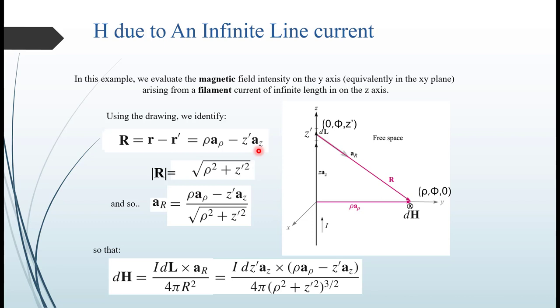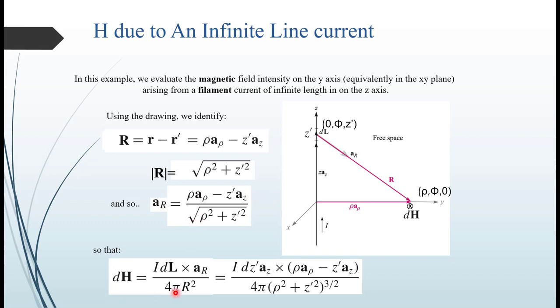So it becomes rho a rho cap minus z dash a z cap, and the magnitude of r is square root of rho square plus z dash square. So aR cap is rho a rho cap minus z dash a z cap divided by square root of rho square plus z dash square.